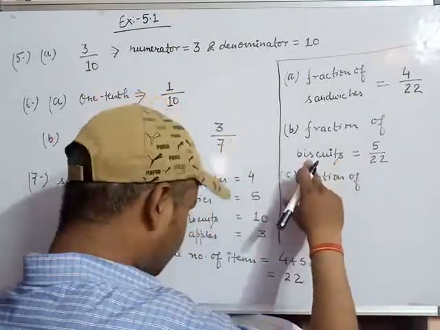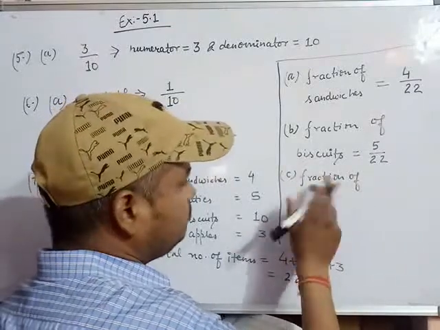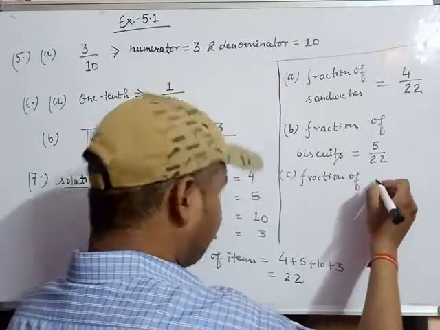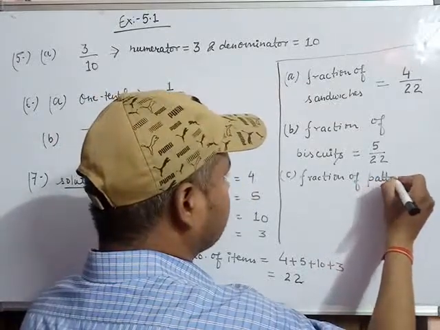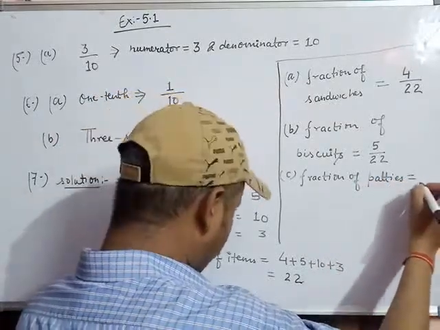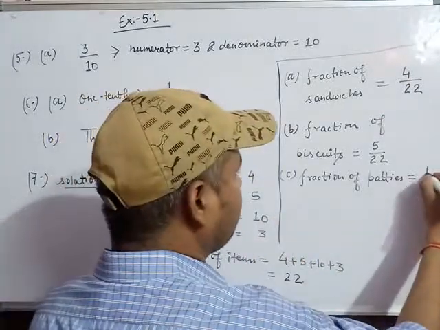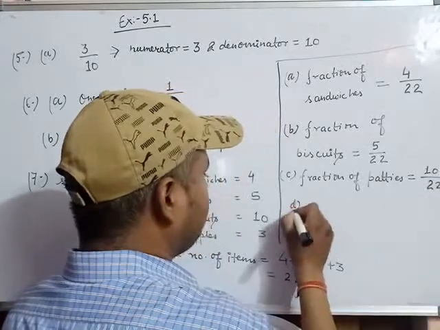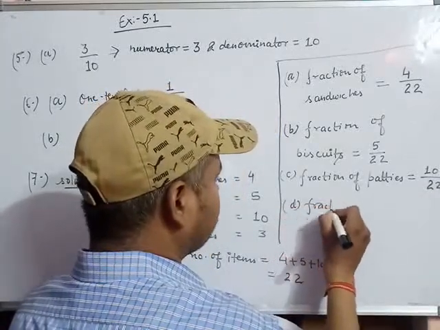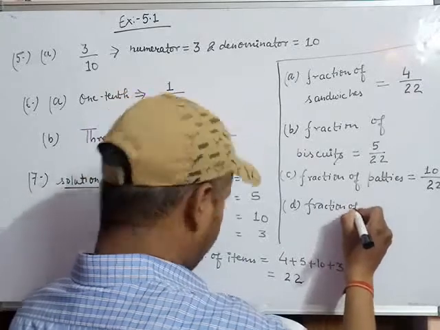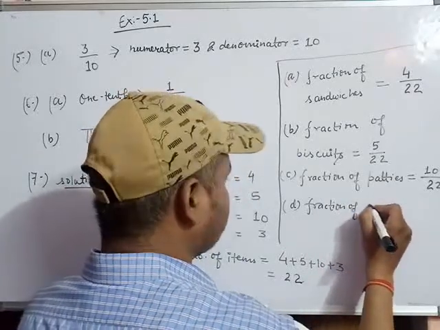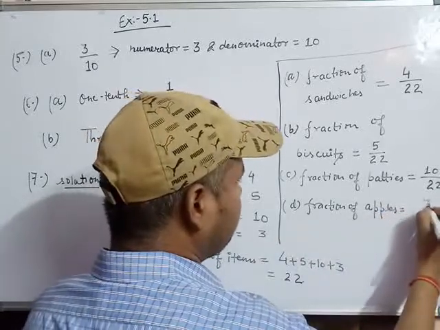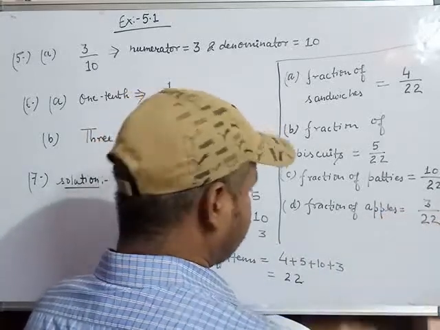This is the C part and this is the B part. So the fraction of biscuits is equal to the number of biscuits, 10, over the total number of items, 22. And in the last, the fraction of apples is equal to the number of apples, 3, and total number of items is 22.